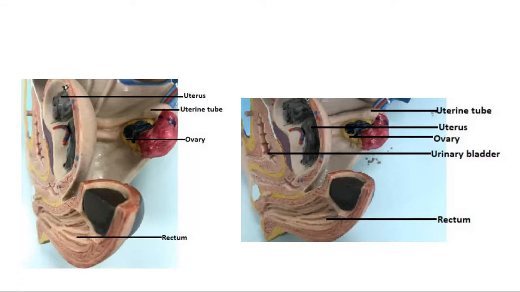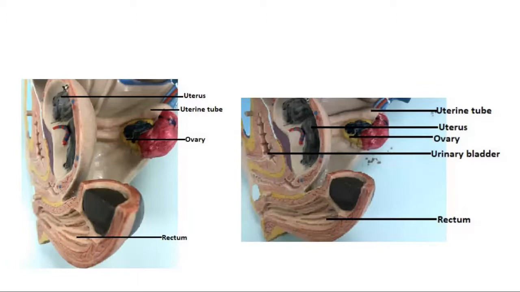Again, here also both are the female reproductive system. What you are seeing are the rectum, ovaries, and this red part is the fimbria of the uterine tube. Don't worry about that. Whichever structure is marked, the same parts we will be asking in the exams. Okay, uterine tube, uterus.